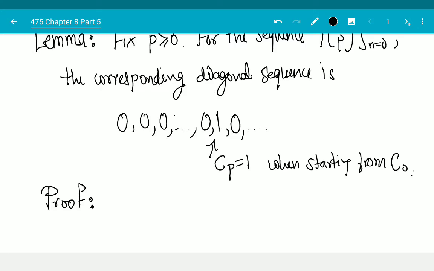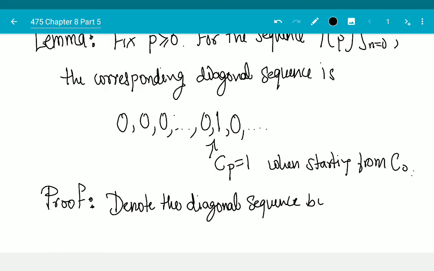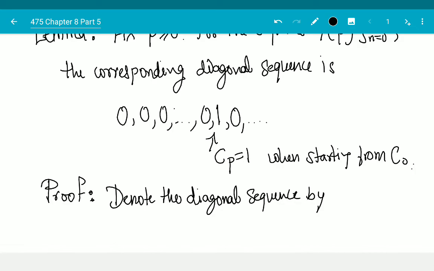Proof. Denote the diagonal sequence by C_n, n equal to 0 to infinity.